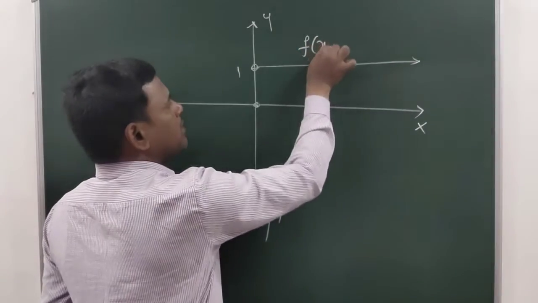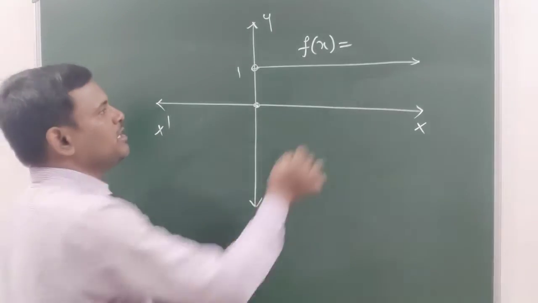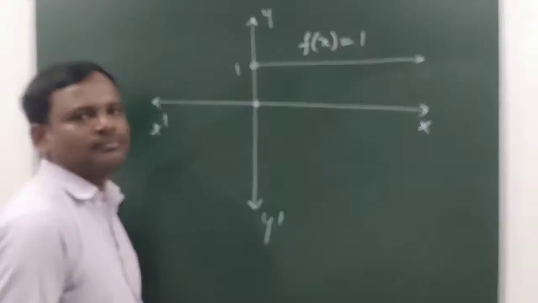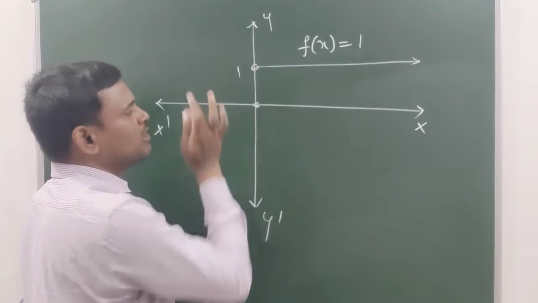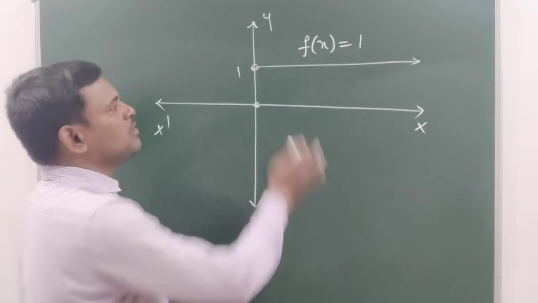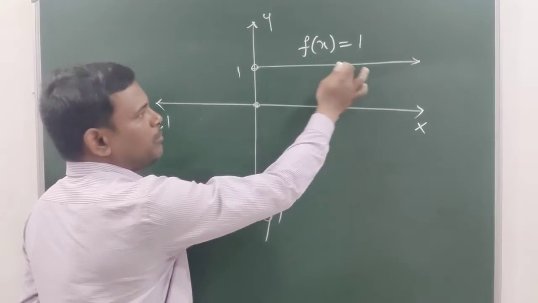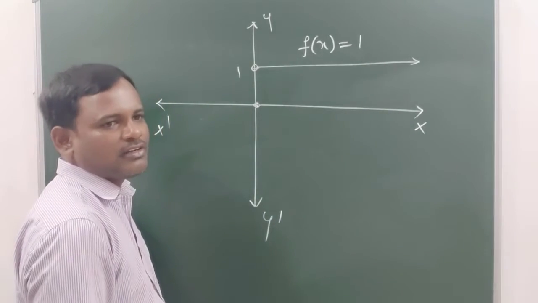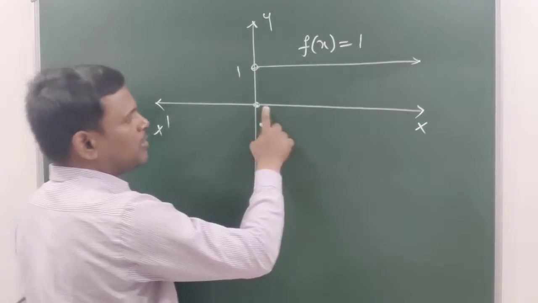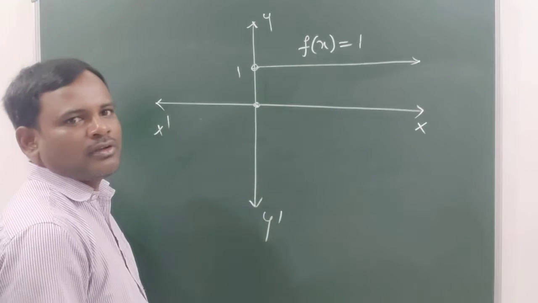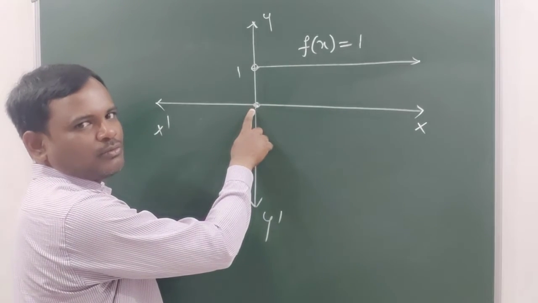Whichever point you take on this horizontal line, its y coordinate is equal to 1, because this horizontal line is 1 unit away from the x axis. So f of x equals 1 where the domain is a positive real number. If the domain is exactly 0, the corresponding range is 0.